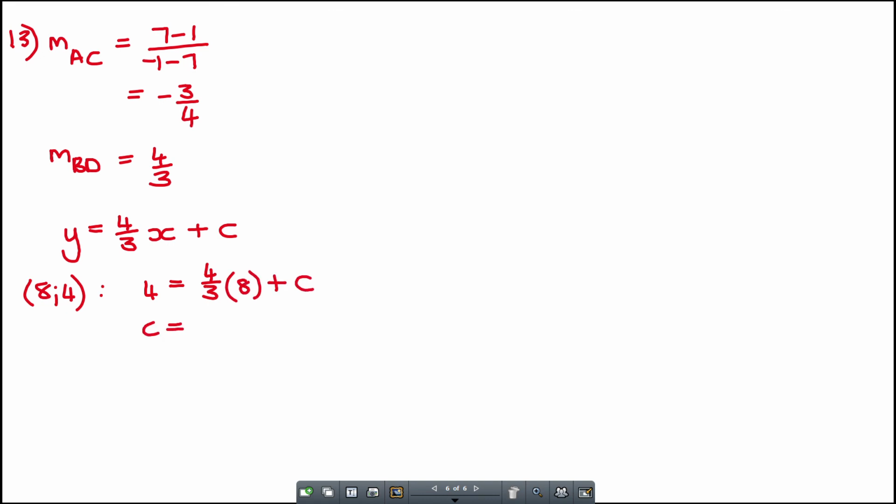Then I'm going to get c is minus 20 over 3. Right, so my final equation for that line would be y equals 4 over 3x minus 20 over 3.